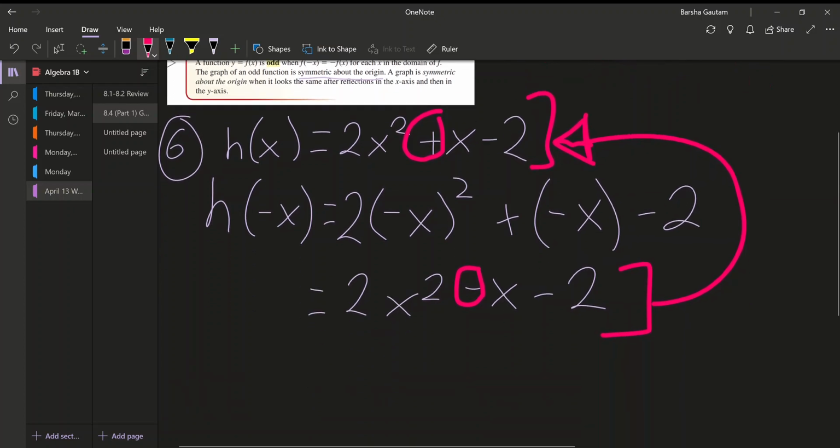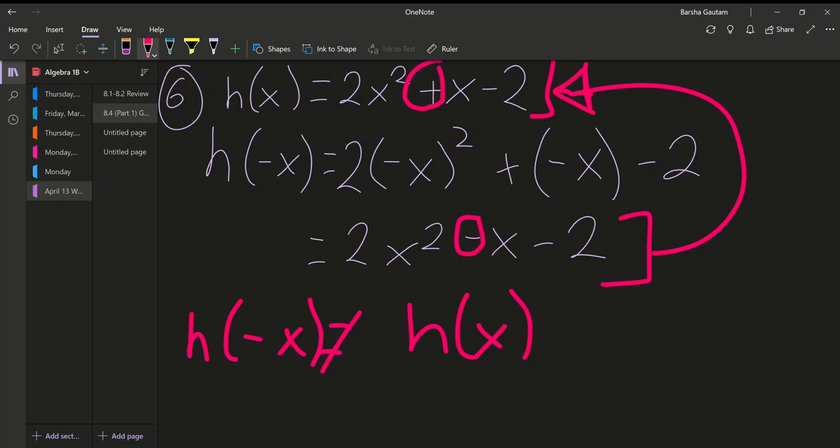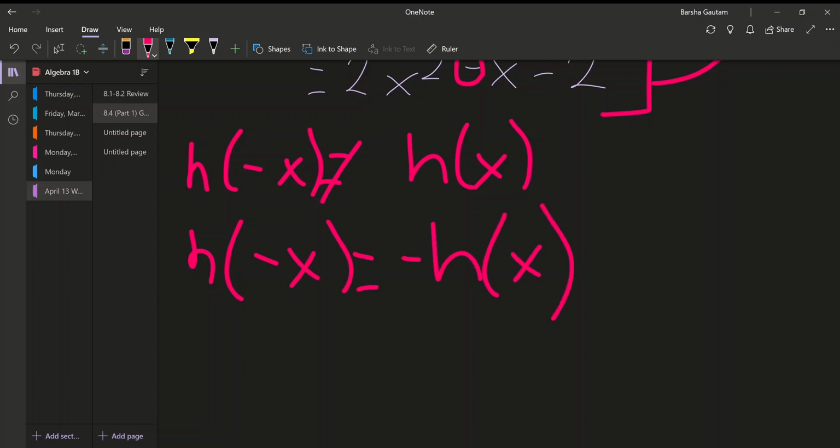So in this case, h of negative x is not equal to h of x, which means it can't be even. And h of negative x is not equal to negative h of x either. And that's why it's neither even nor odd.